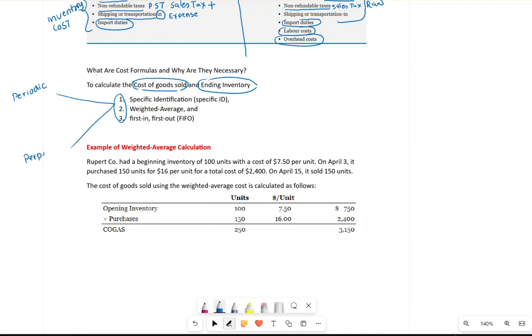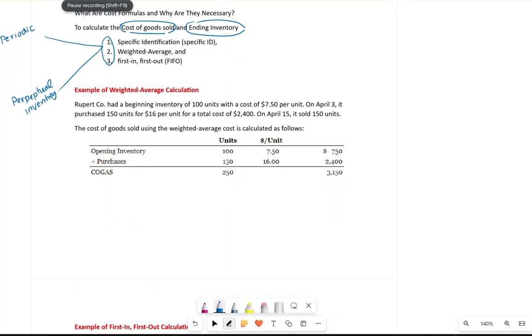We have two systems, one is periodic, one is perpetual. Periodic is where inventory gets adjusted at the end of the year. Under the perpetual, inventory gets adjusted automatically. So these are the three methods that we need to learn under the periodic and under the perpetual.